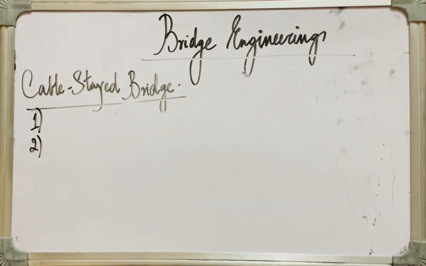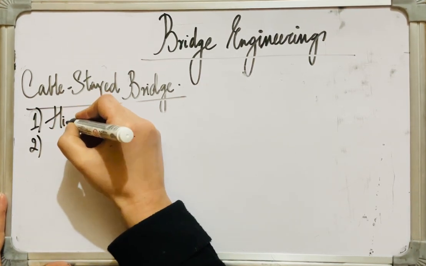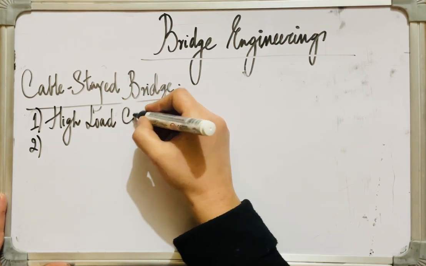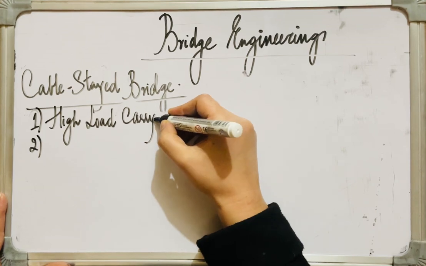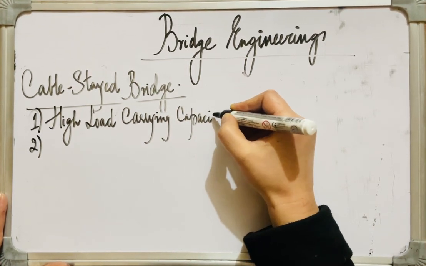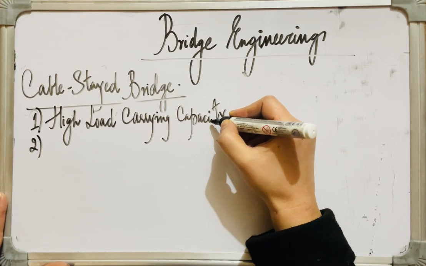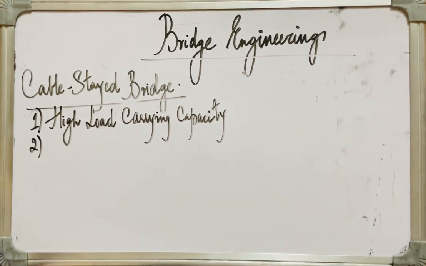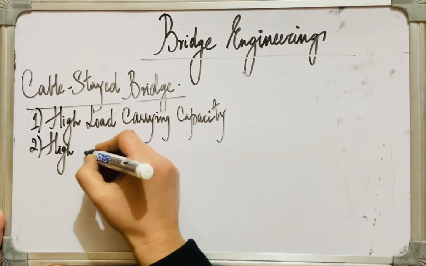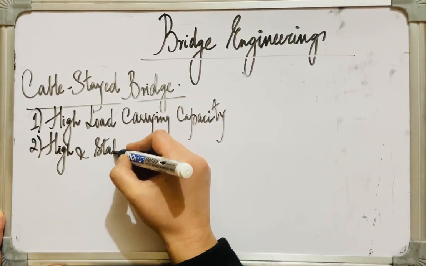The first one is that they should have high load carrying capacity. All right, so these are the main requirements of a cable stayed bridge cables. The first one is that they should have a high load carrying capacity. Second one, they should have a high and stable Young's modulus of elasticity.